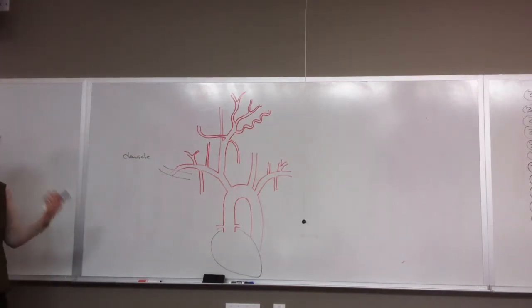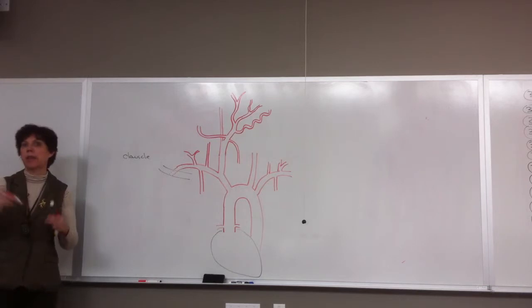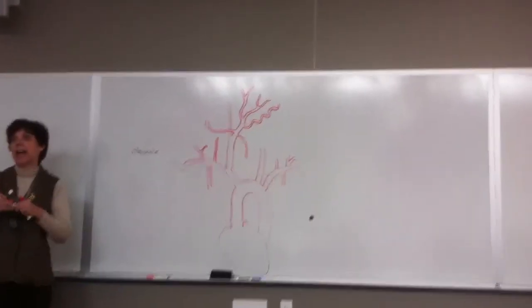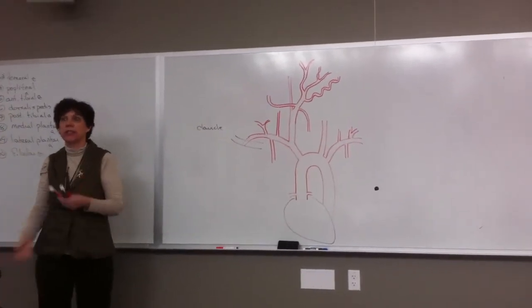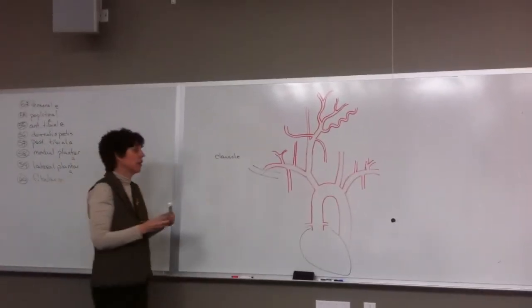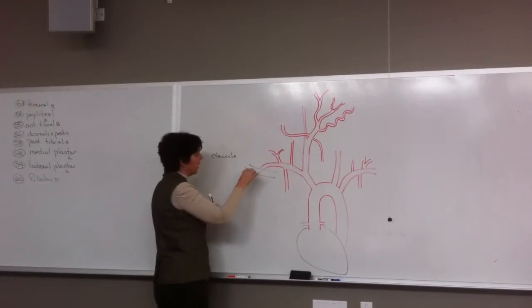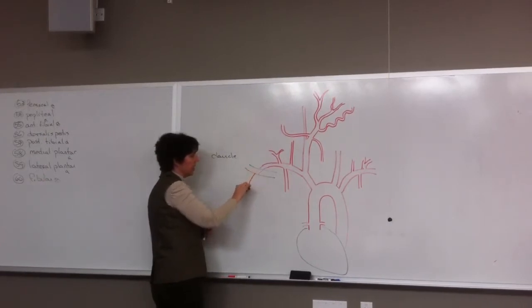So again, it's like traveling along the road in Sacramento, that the road itself doesn't change, the name changes. We haven't turned off of the road at all. And that's the axillary? That would be the axillary. So it passes through the axilla, or the armpit.